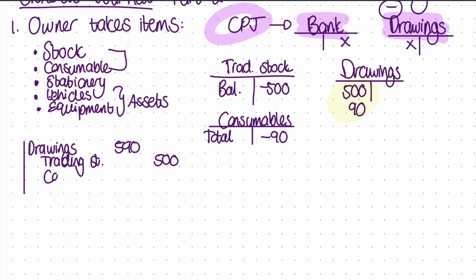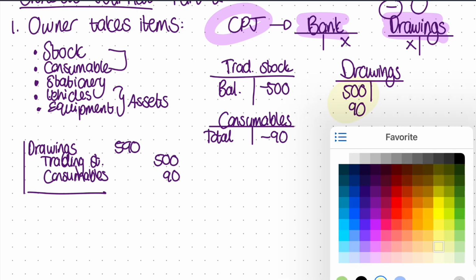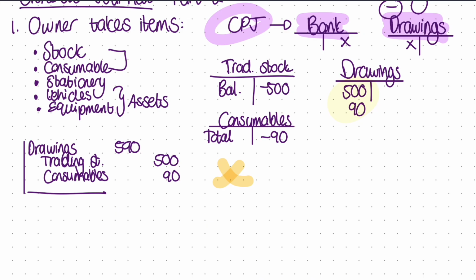And then consumables is the 90 rand as well that he took as your credit. So debits first and then credit. And note that there is nothing written in your debtors control or your creditors control columns. They are empty because no name was mentioned.